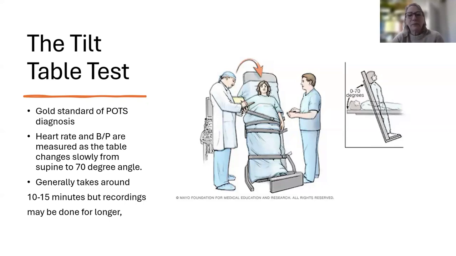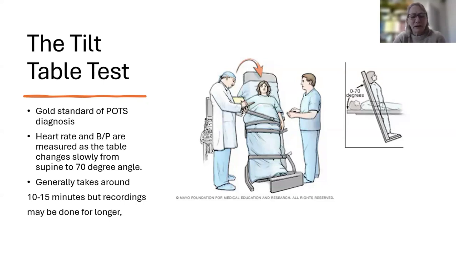And basically, your blood pressure and pulse are taken 2 or 3 times when you're in a lying position, to establish a baseline, and then you are tilted into a 70-degree angle, and blood pressure and pulse are recorded every minute for 10 to 15 minutes.